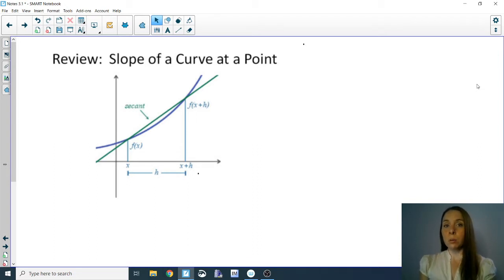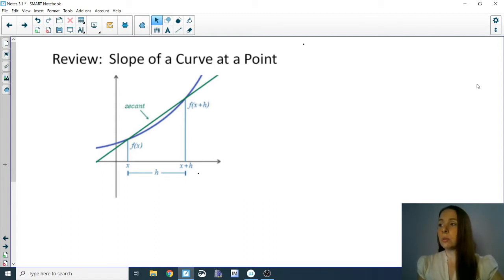We defined the ordered pairs of those points to be x, f of x, and x plus h, f of x plus h. And we wrote the slope of the secant line with those ordered pairs. And then what we did was we turned it into the slope of a tangent line by adding a limit to that slope formula.